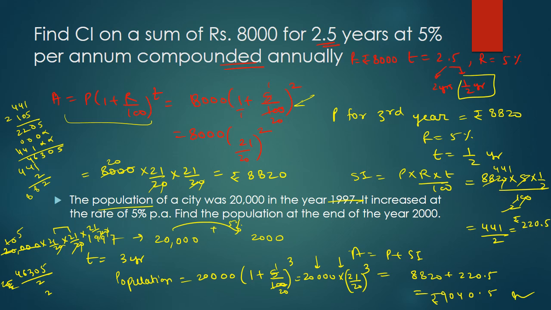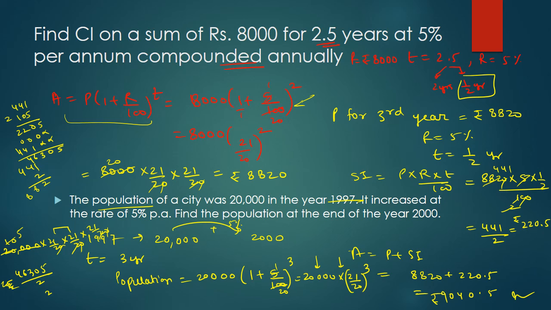It becomes 20,000 multiply 21 into 21 into 21, and then divide by 8,000.